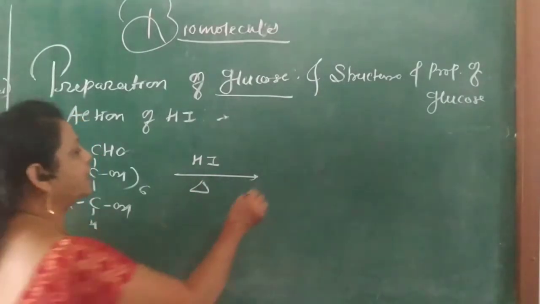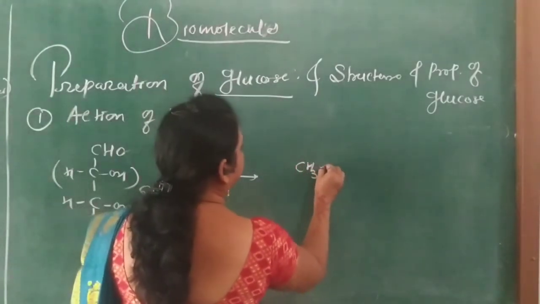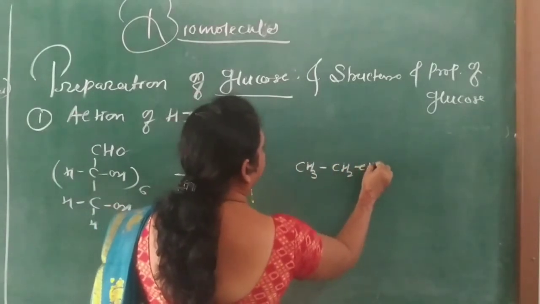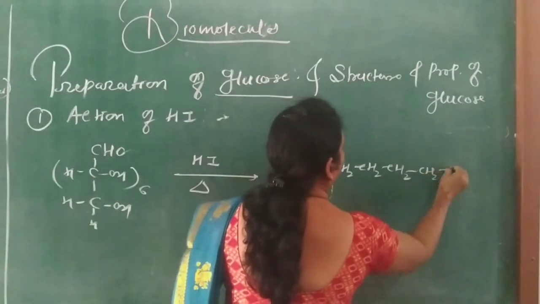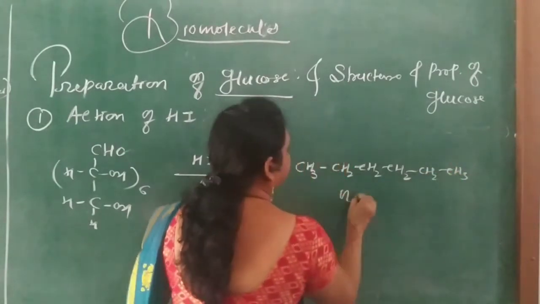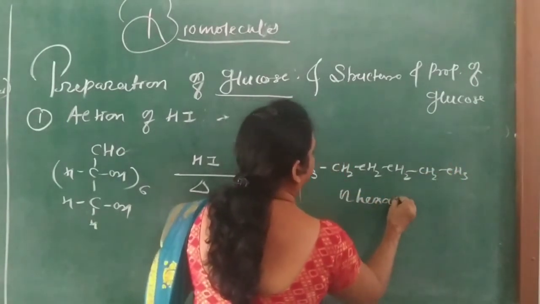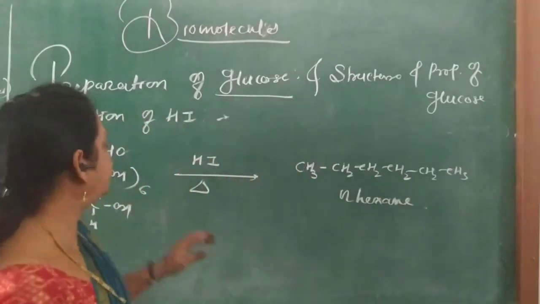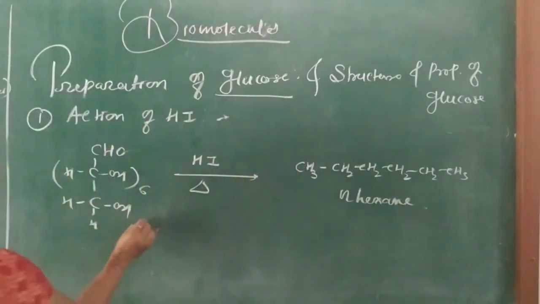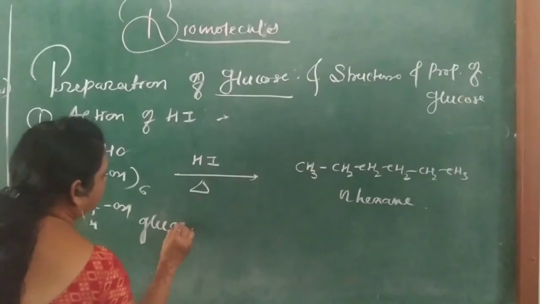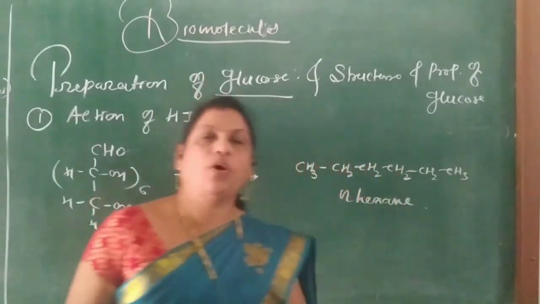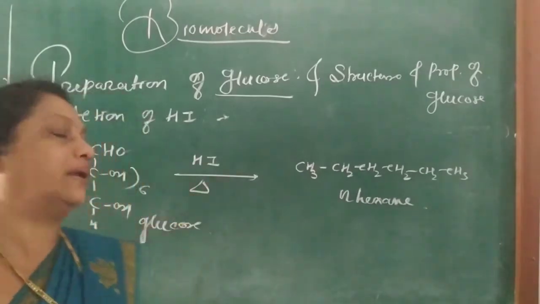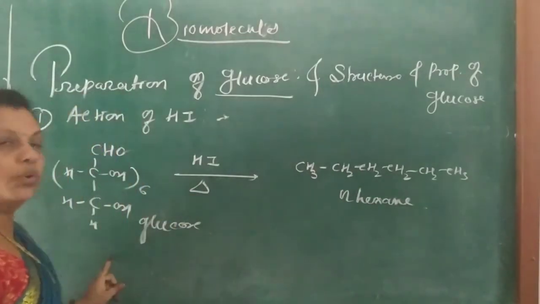After prolonged heating, it gives CH3, CH2, CH2, CH2, CH2 and CH3. This is n-hexane. Means this reaction gives the idea about the structure of the carbon atoms present in glucose.